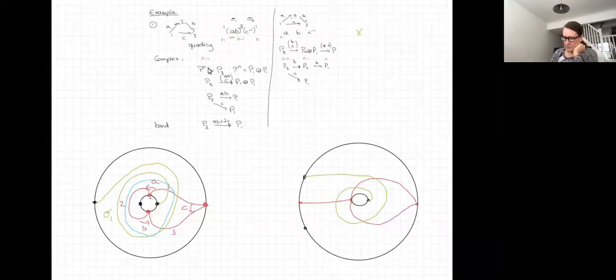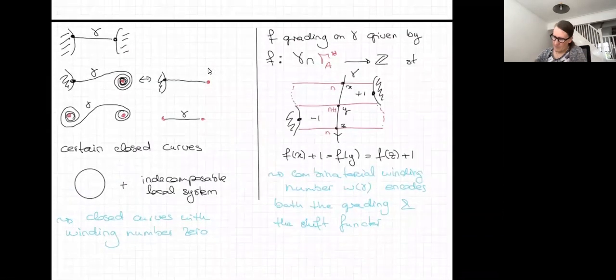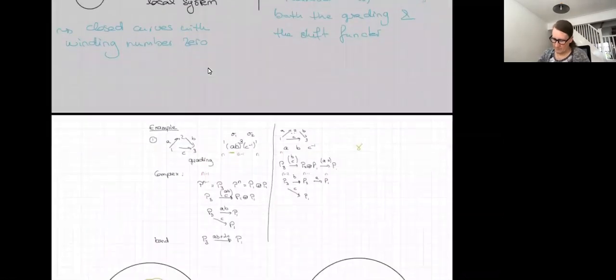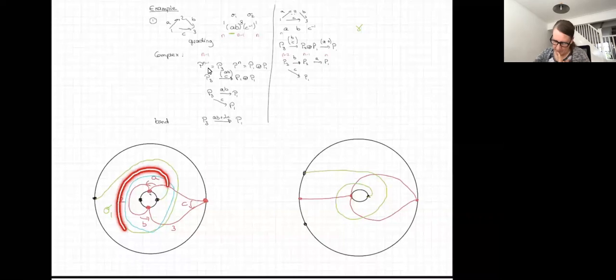So what we do is, if you remember, we had this rule that if the mark point is on the left, we go up, and if it's on the right, we go down. So let's do our curve. If we go here, the mark point is on the right, and so we go +1.